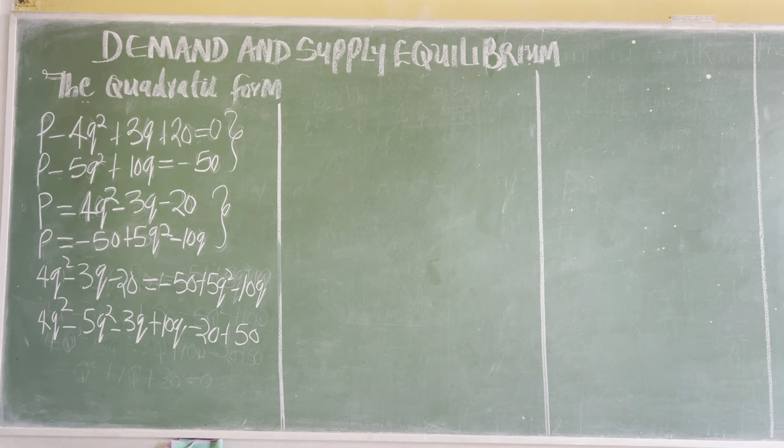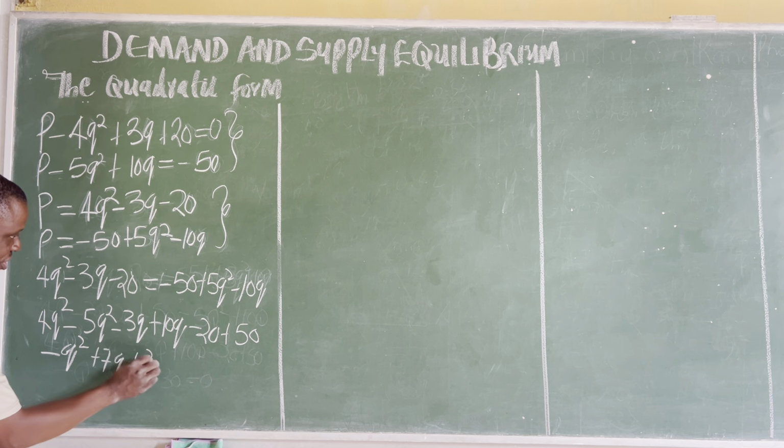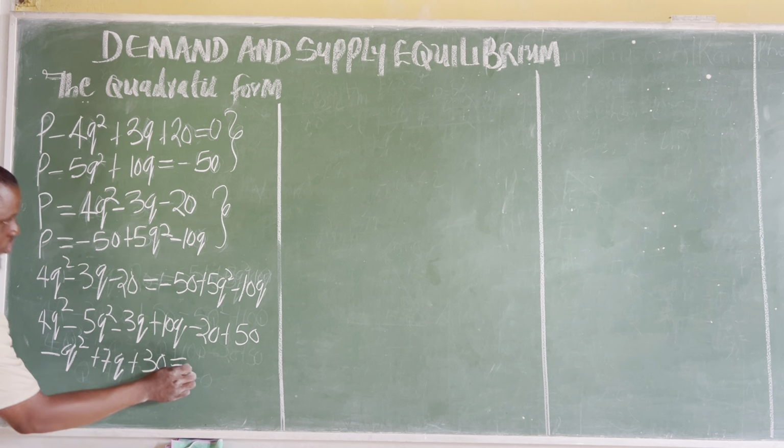And so 4Q squared minus 5Q squared will give us minus Q squared. And then minus 3Q plus 10Q will give us plus 7Q. And then minus 20 plus 50 will give us plus 30, and it's equal to 0.